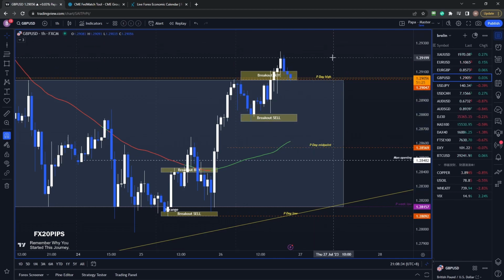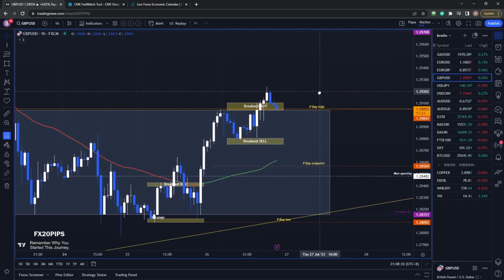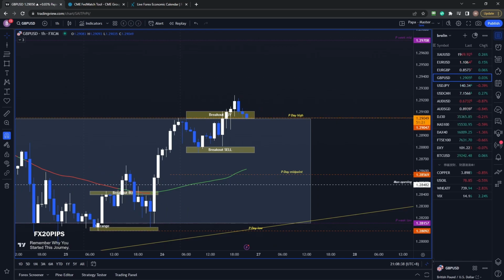Okay, we remove it. So we are back to today, where I then drew the buy zone based on this candle body and the top of the wick, and then this candle body and the bottom of the wick.